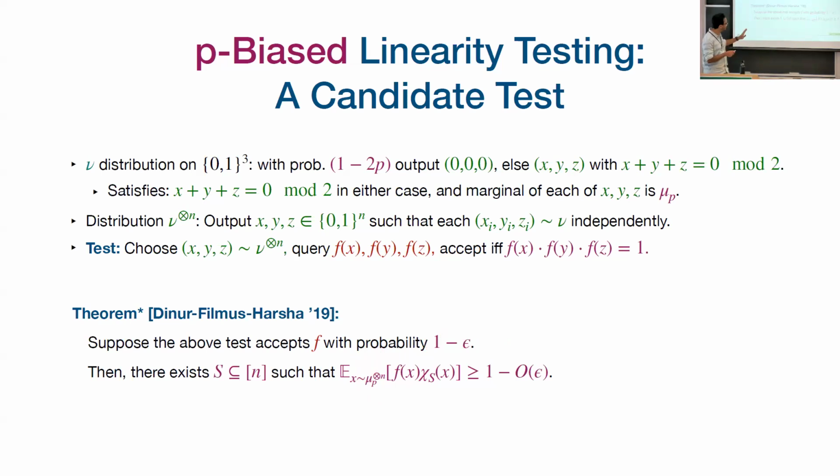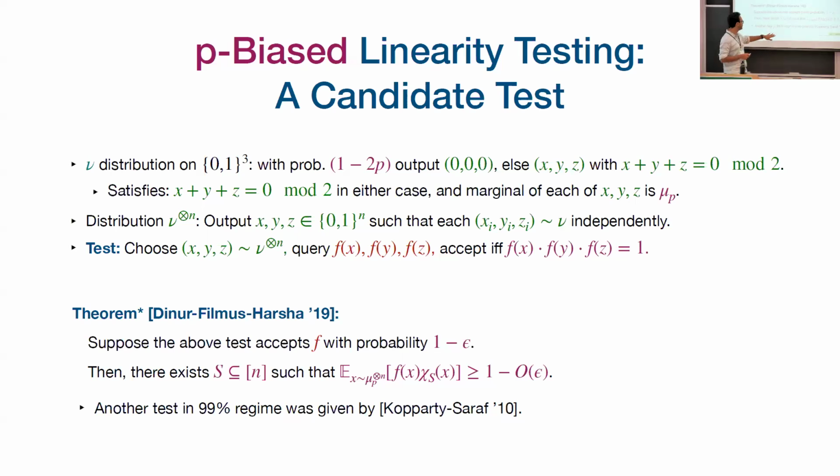I'm slightly lying that they prove this, but for our purposes, it's not too big of a lie. They prove it under some conditions, but more or less this works. And I think none of the authors are here to catch me on it, so it's fine. I will also mention this other work by Kopparty and Saraf, which proves some other test in the 99% regime for the p-bias linearity testing problem, but I won't go too much into that test for this talk.